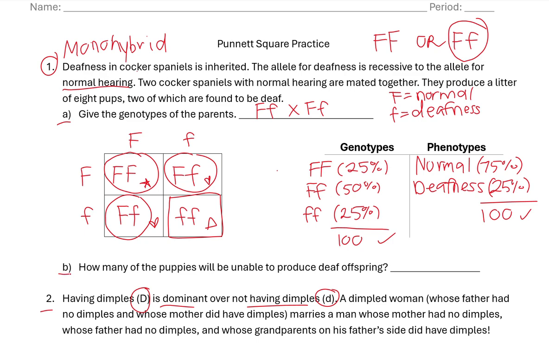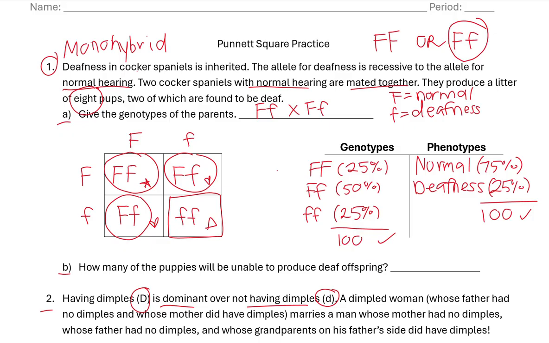Part B, how many of the puppies will be unable to produce deaf offspring? This one's a tricky question. If you recall, how many puppies were made from these 2 parents? It says 8.